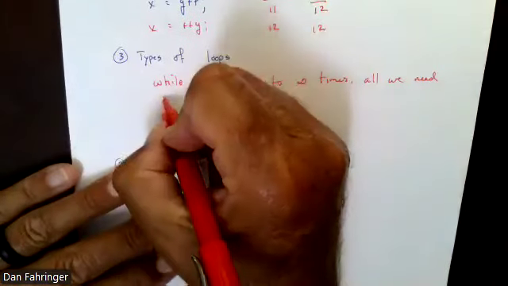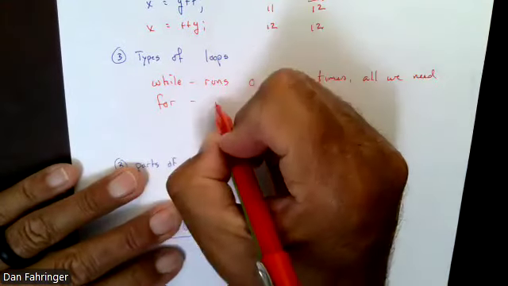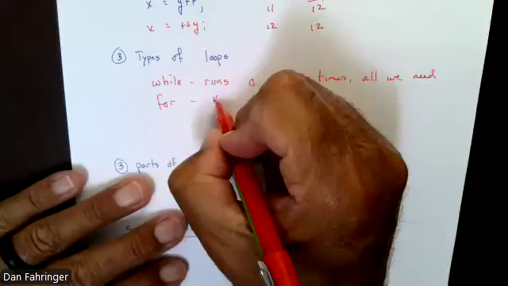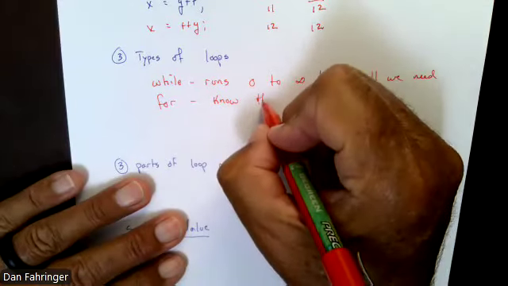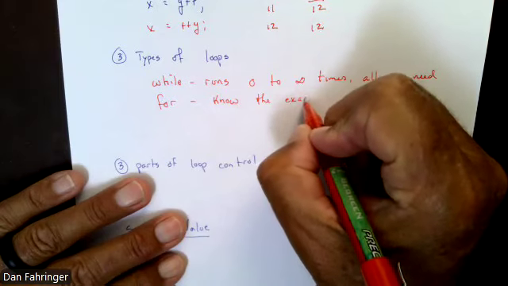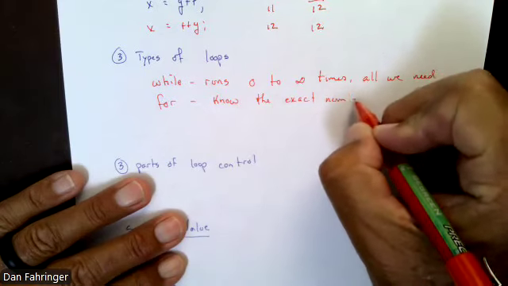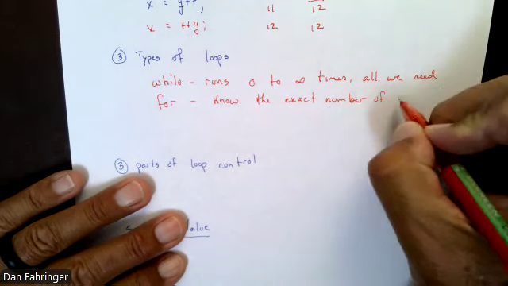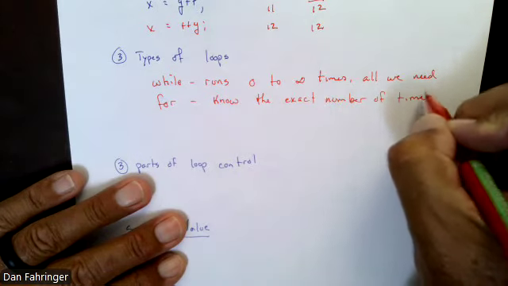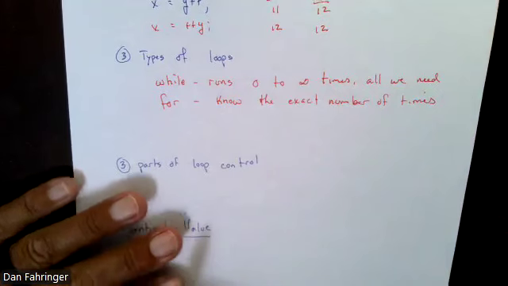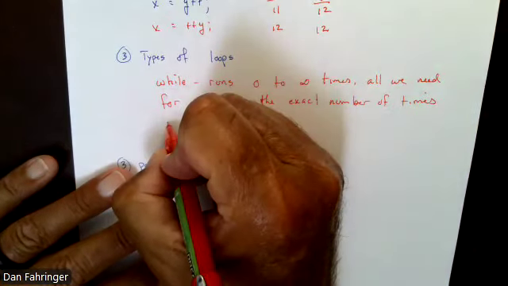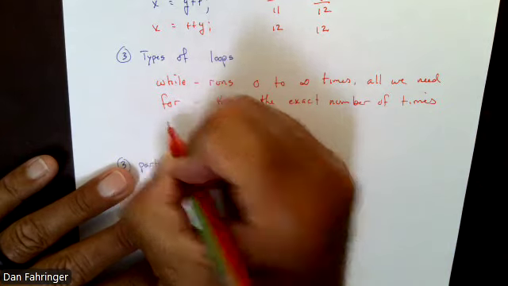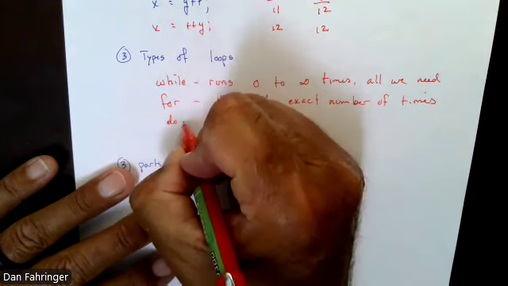And again, the second one is a for loop. And that's when we know the exact number of times. Finally, the last one is the do while.